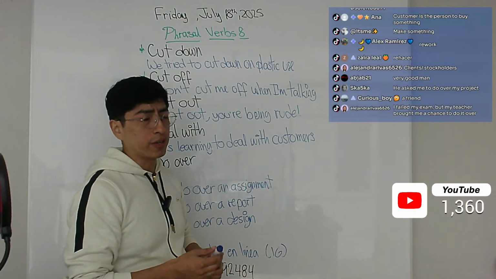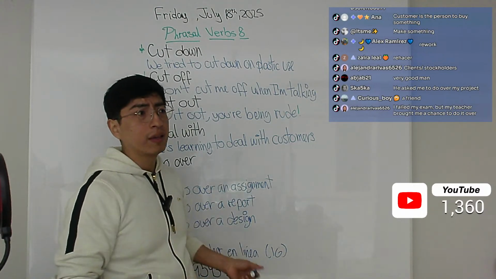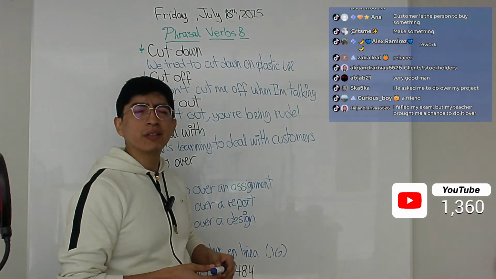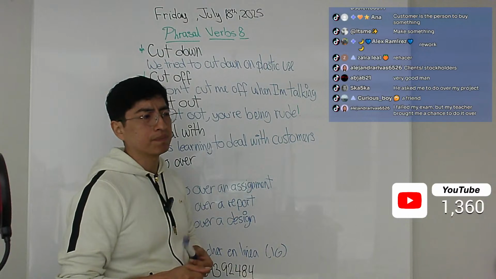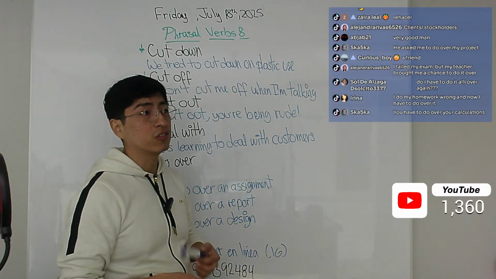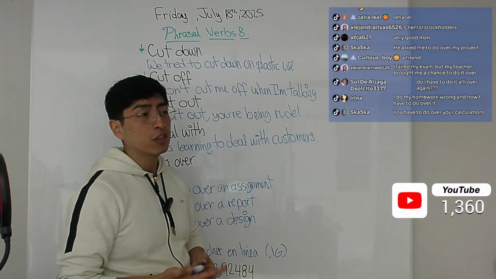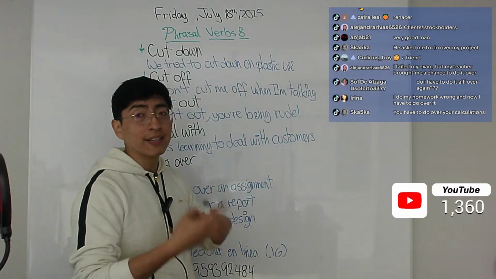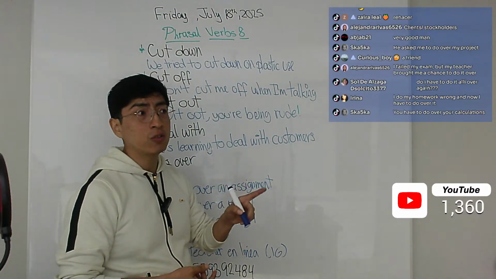I have to do it again. I have to do the design again. Or maybe you can say, oh, the design was very inefficient. So I had to do it over. I had to do it again. I have to redo it.